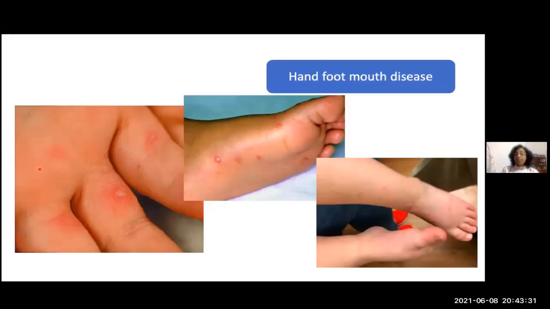The importance is, one thing, these children can get dehydrated because of poor oral intake, they can become quite irritable. And on the other hand, they can develop rare complications like myocarditis. So it's important that you know about this condition and follow them up accordingly. Right.